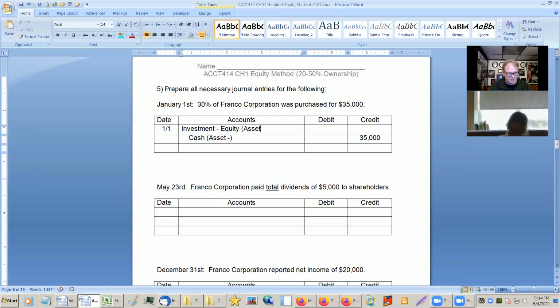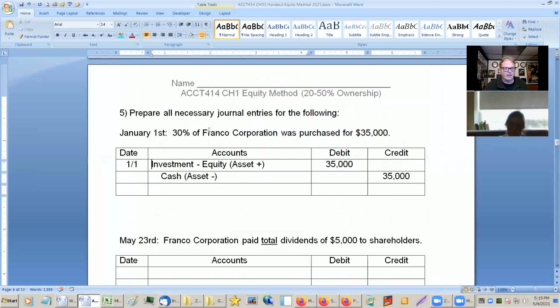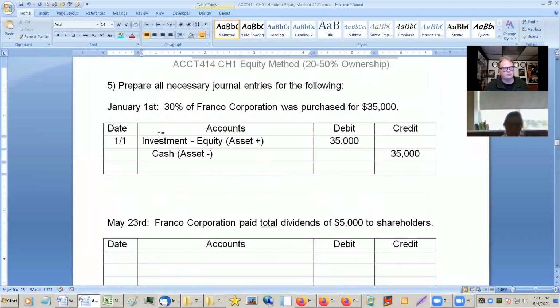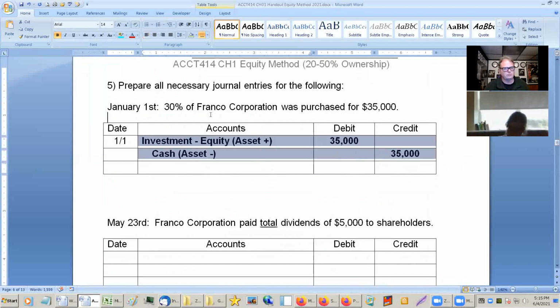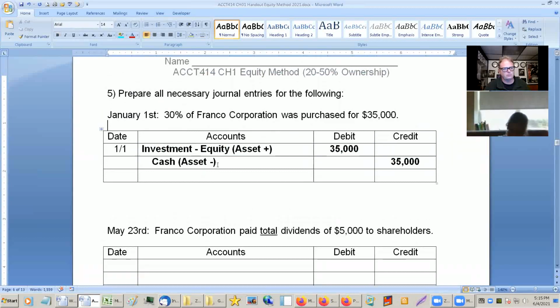And you're absolutely right, this is an asset going up. Okay, so basically at this point they're no better or worse off. They traded one asset for another. Right.